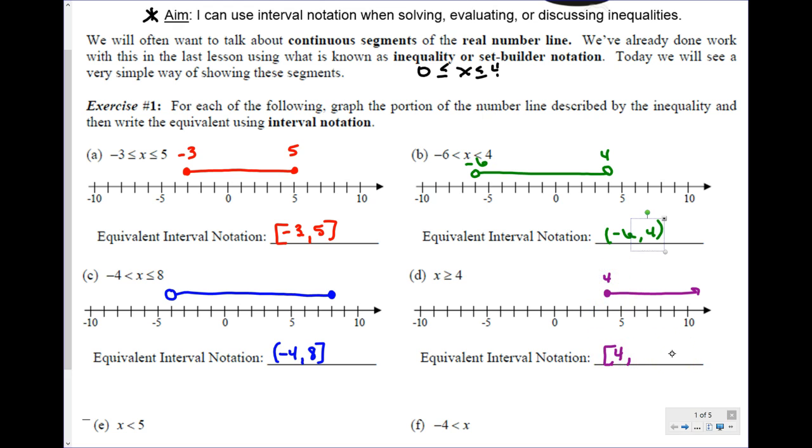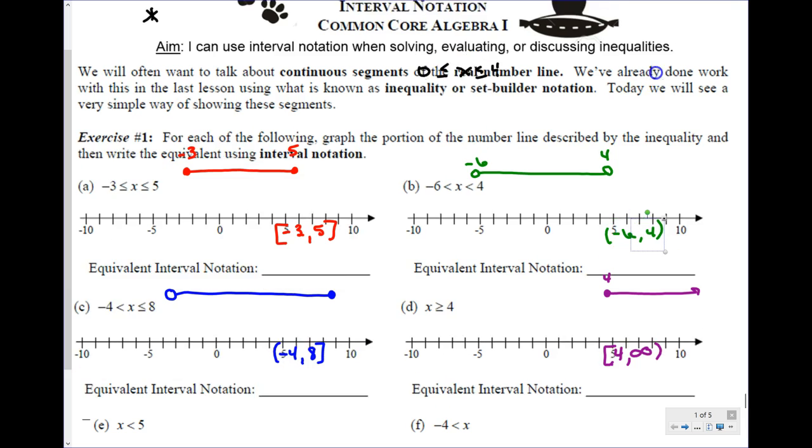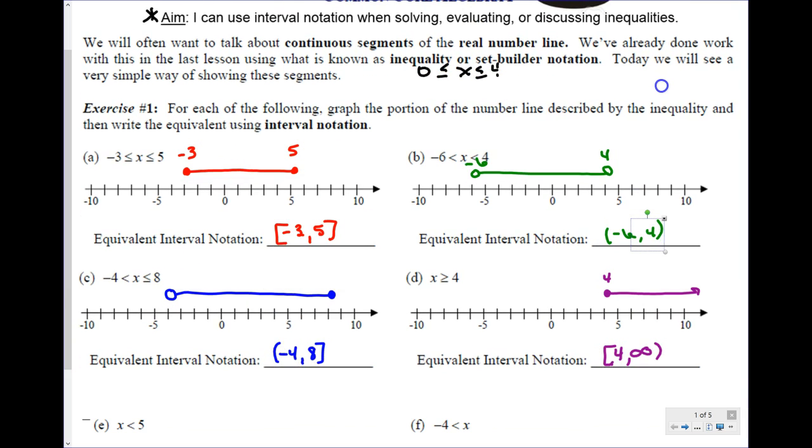But since this goes on forever, we call that infinity. We use parentheses because infinity never stops. A closed bracket indicates something stopped. That's the last number it can be, but infinity goes on forever, so we use an open parenthesis. So also, if we go back up to the top of the page, oops, I'm accidentally moving this.